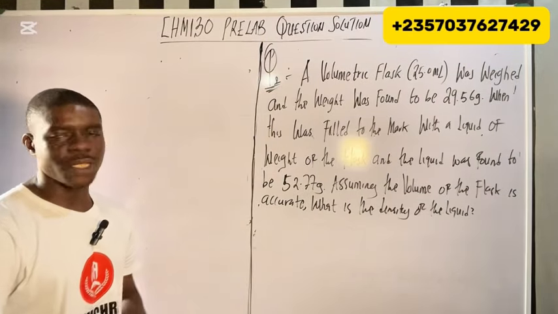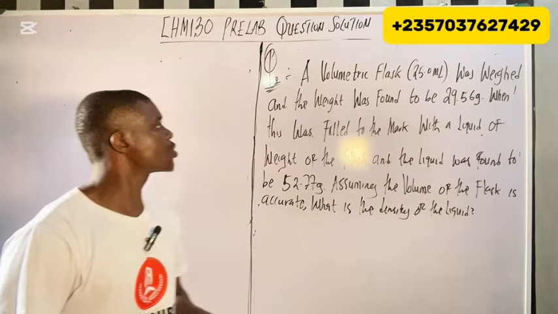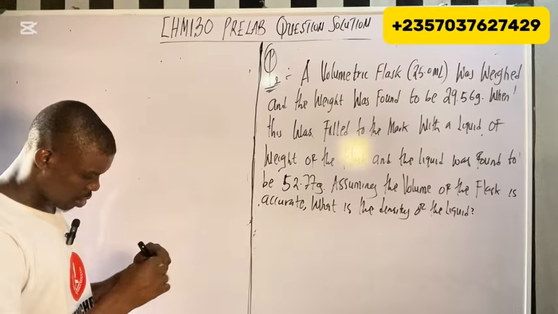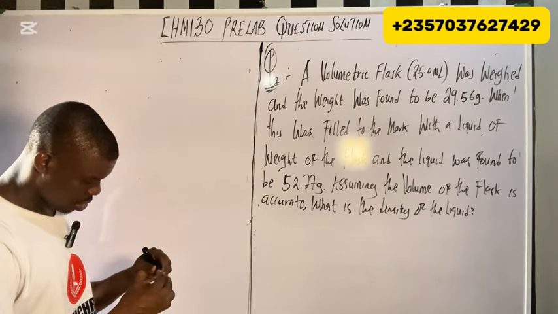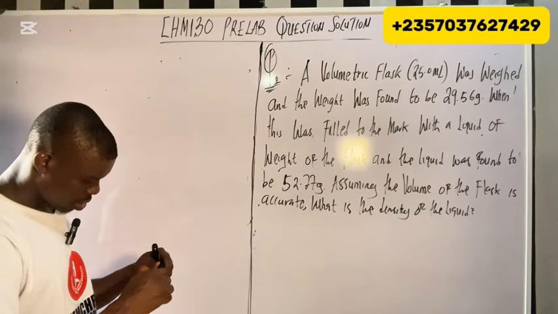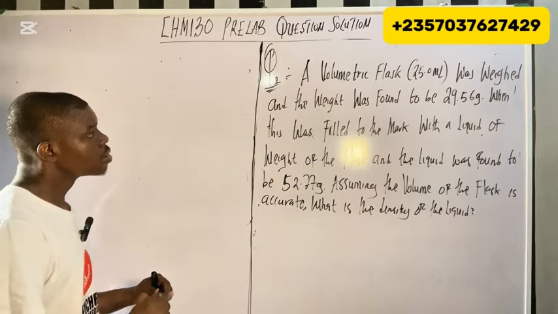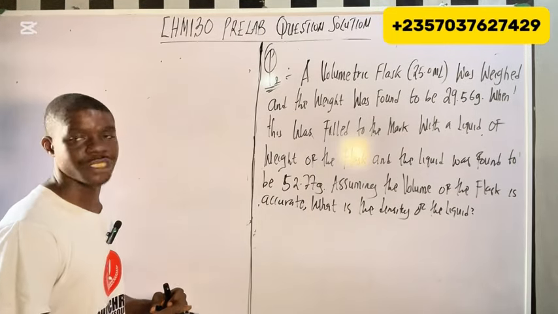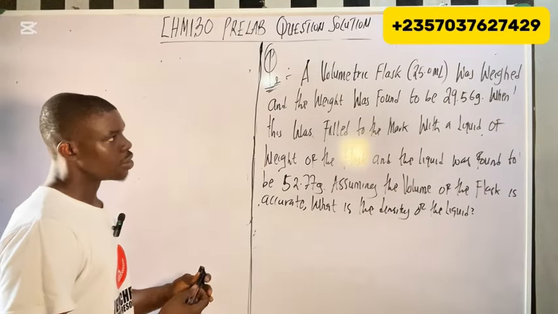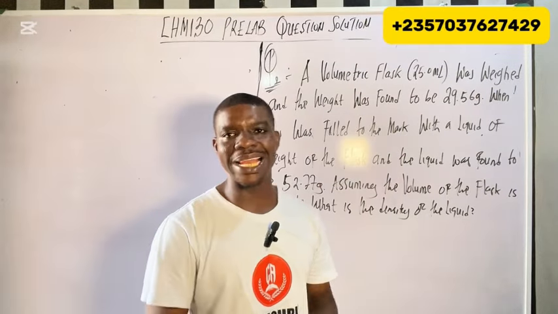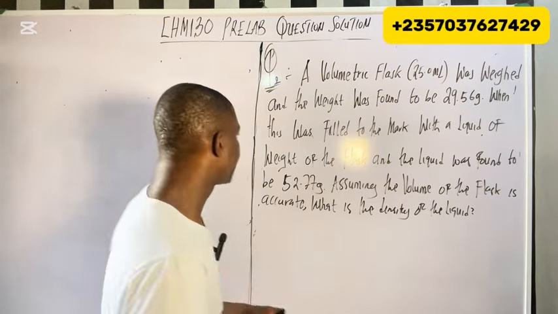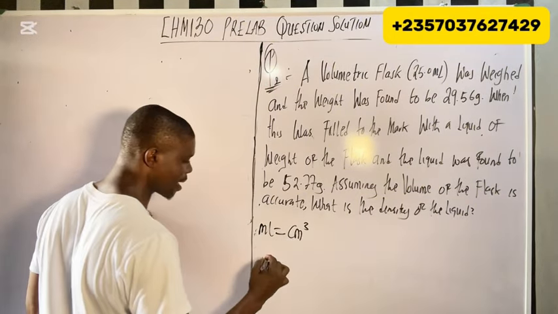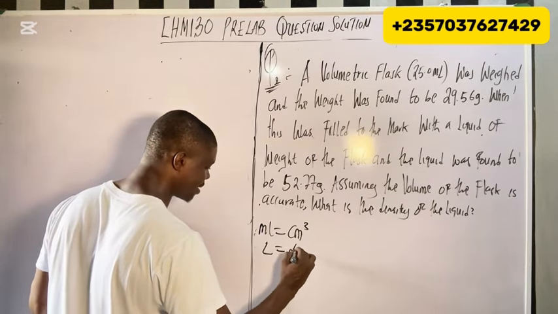Let's look at question 2. It says a volumetric flask of 25.0 mL. Remember, mL is the same thing as cm cube, just like liter is the same thing as dm cube.